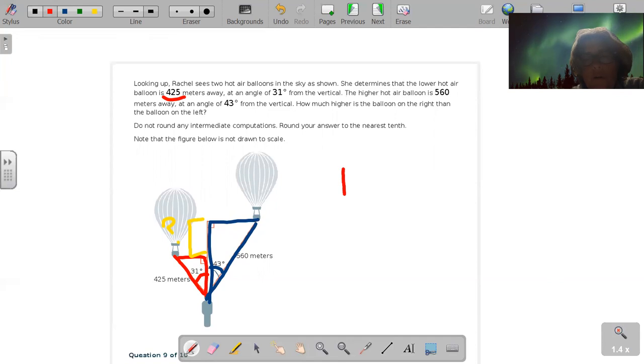So we have 2 triangles here. We're going to call this red one X. This is 31. And this is 425. And then we have the one on the right.